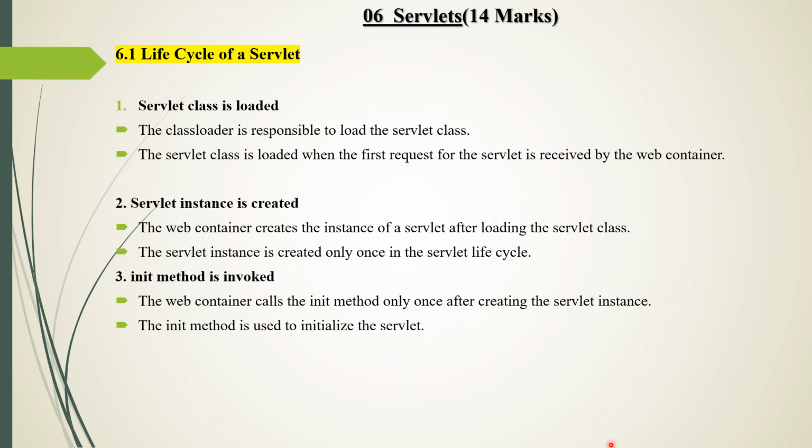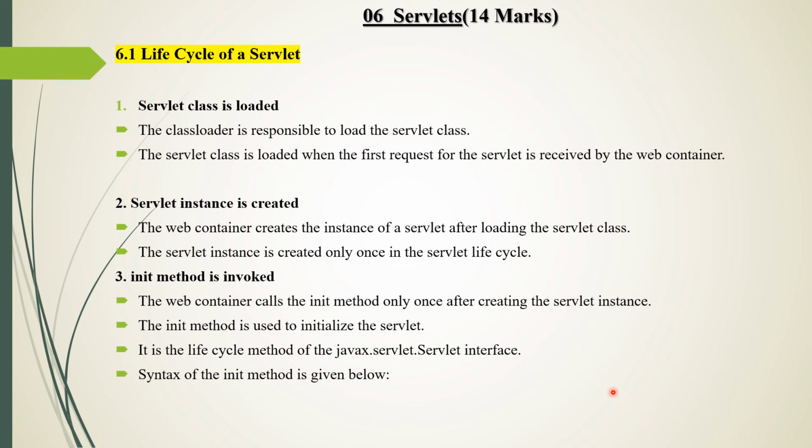It is the lifecycle method of javax.servlet.Servlet. The package is javax.servlet, and in that package Servlet is an interface. The syntax of the init method is public void init, which has one parameter, a ServletConfig object, and which may throw ServletException.